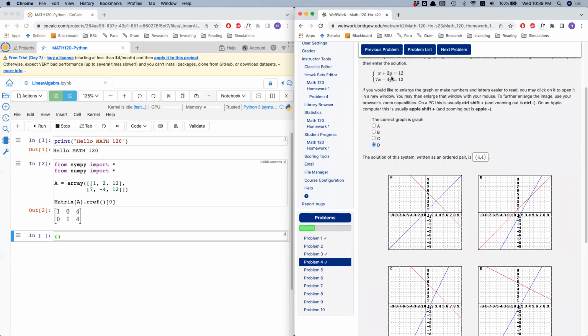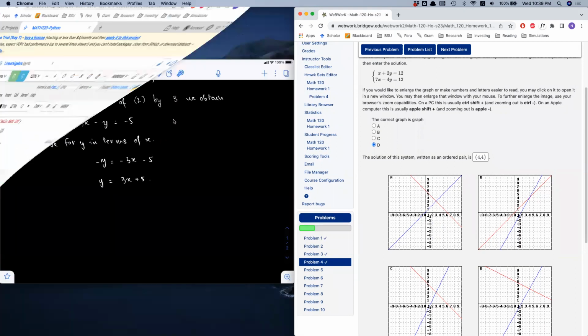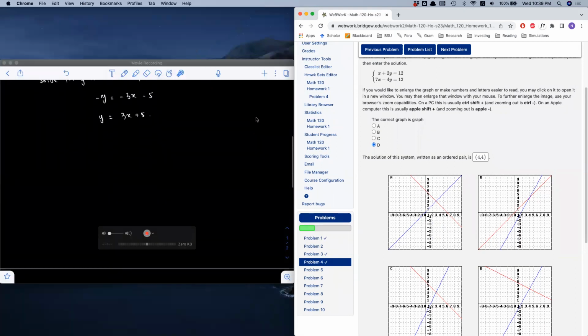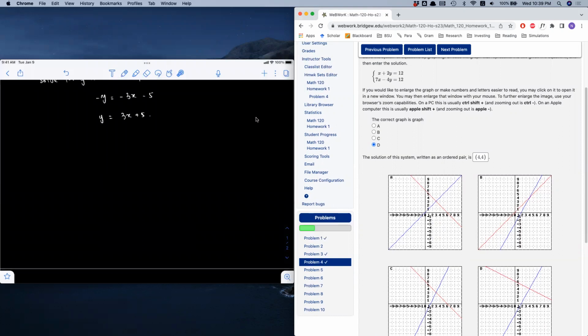Let me switch back to the tablet here. So problem 4. You get the first equation to be x plus 2y equal to 12. If you solve for y in terms of x, you get 2y equal to -x plus 12, and y is equal to -1/2 x plus 6.